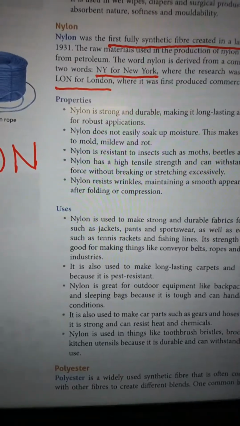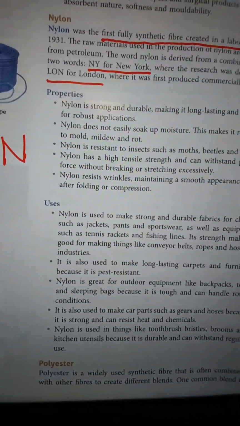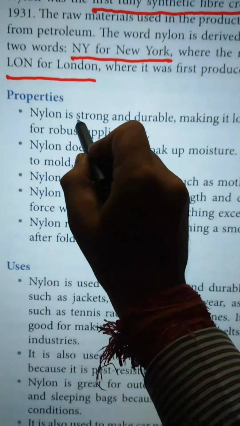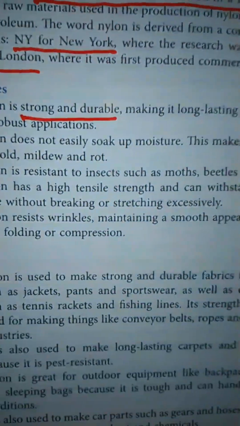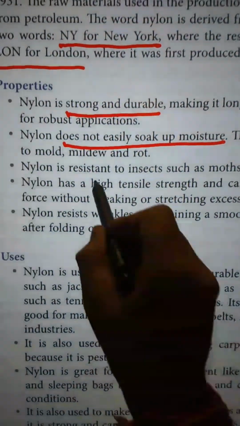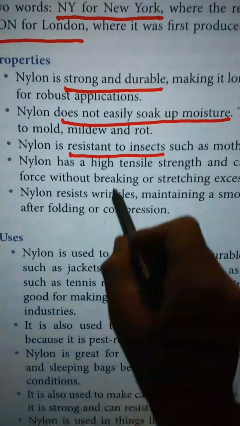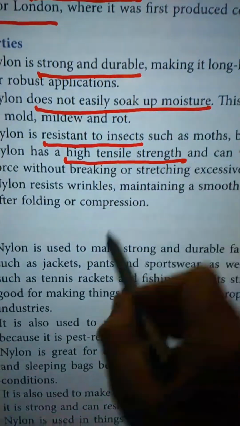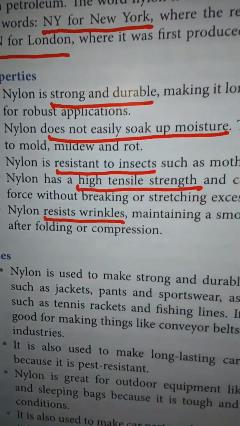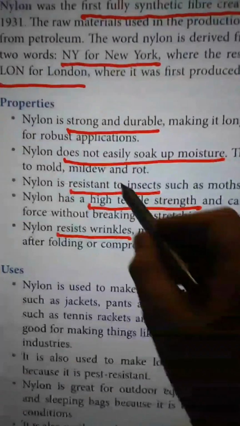Its process is not in the syllabus, but its properties are. Nylon is strong, durable, does not soak moisture, resistant to insects, high strength. Now these are the points which are important.